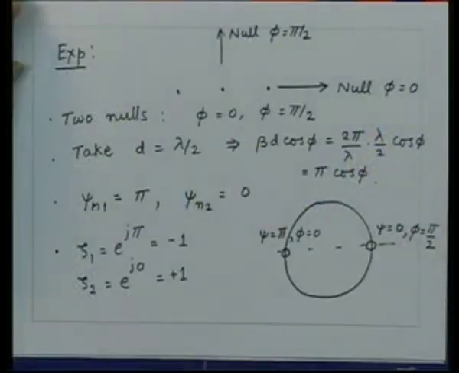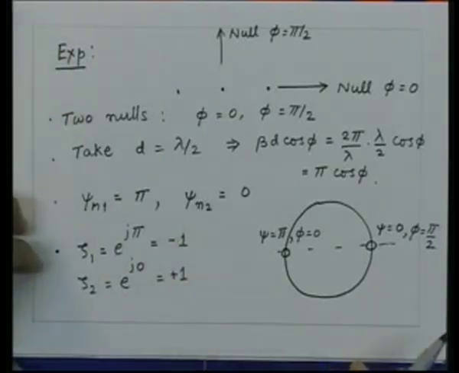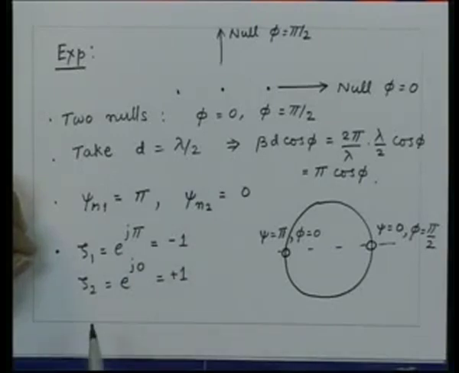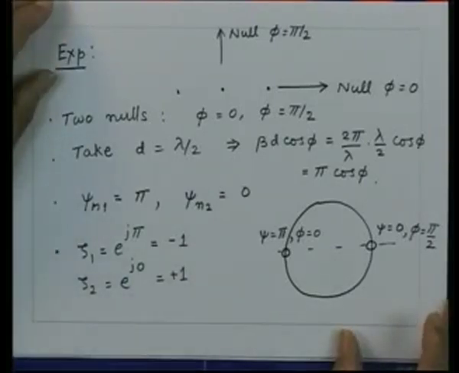So, now if I take the roots which are -1 and +1, then we can essentially define now the polynomial which will be z minus this quantity, z plus this quantity, and if I expand their polynomial, that would essentially correspond to the excitation of the array elements.